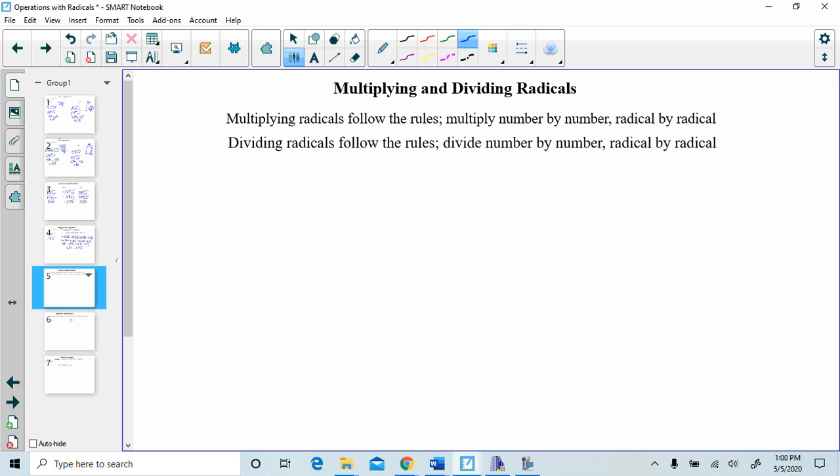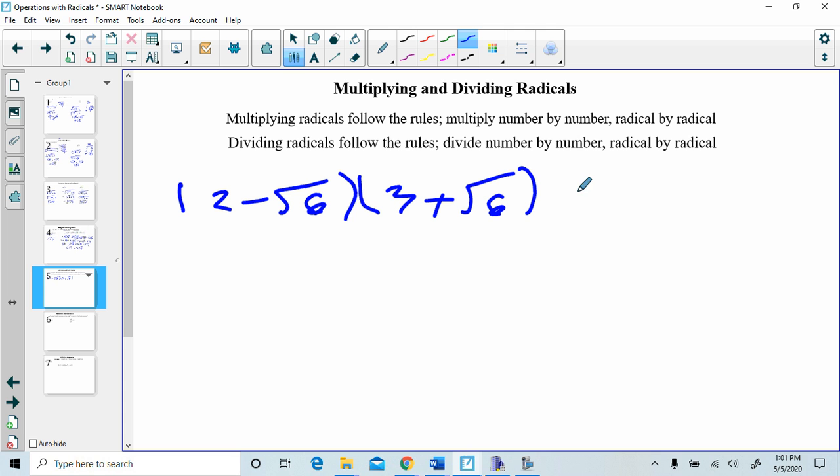Okay, so when we do that, let's just draw up a quick one here. We're going to look at 2 minus root 6 multiplied by 3 plus root 6. And our goal will be to figure out, what does this equal?